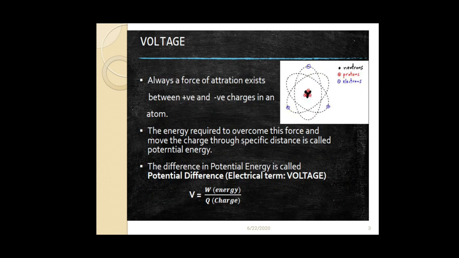It is expressed mathematically as V equals W upon Q, where W is the energy expressed in joules, Q is the charge expressed in coulombs, and V is the voltage expressed in volts.